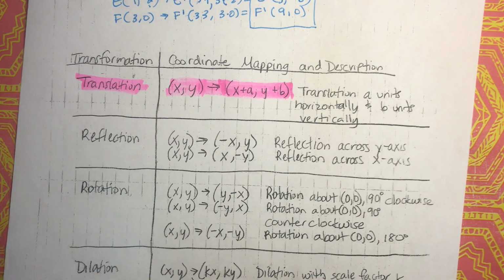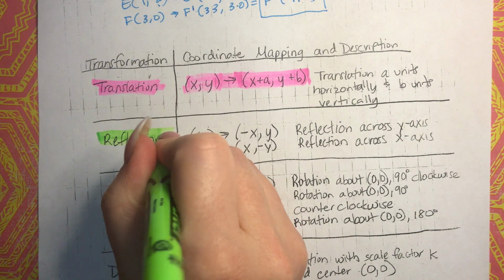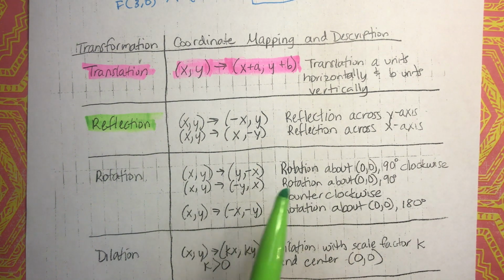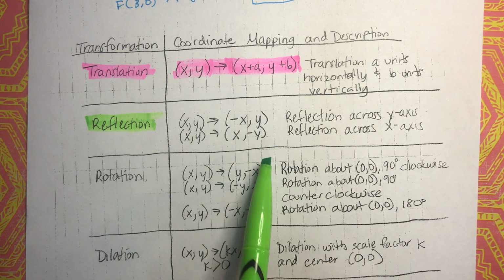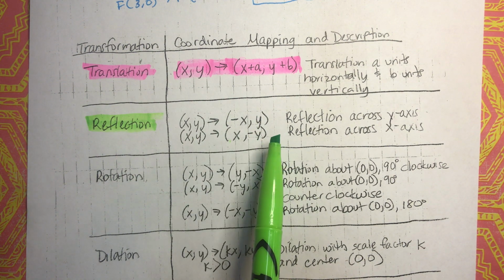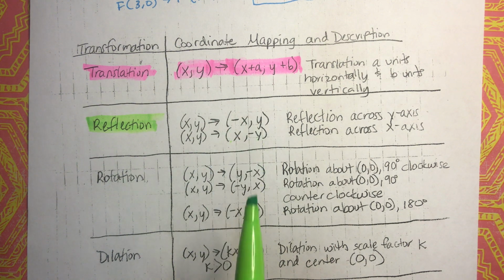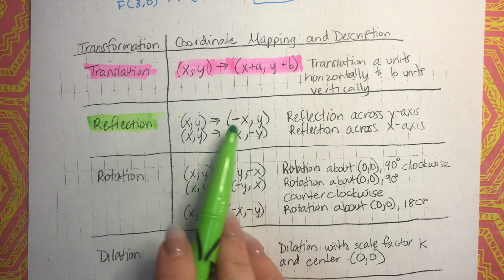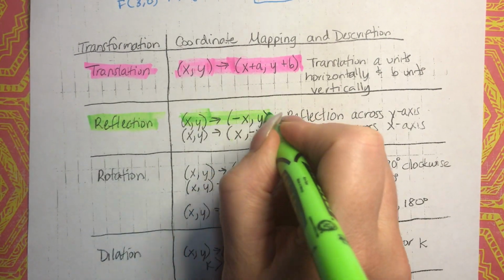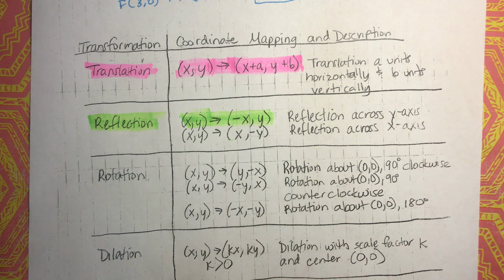The next is a reflection, and here are the 2 rules. Reflections have 2 rules that we're going to discuss, and if you notice, we start with a point, and then what happens? Well, the X and the Y stay in the same place, but a negative occurs. And when a negative occurs in the X part, so you have a point, and only the X part becomes negative, think about that.